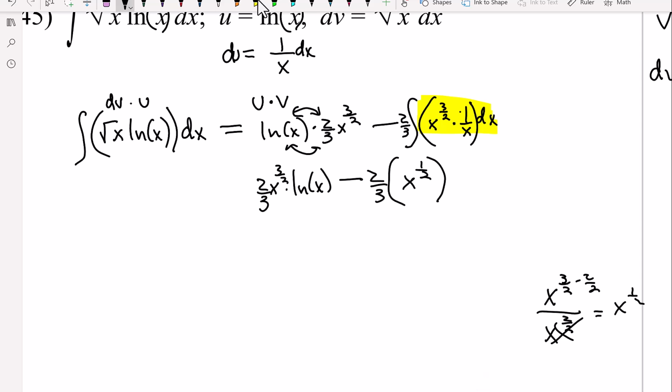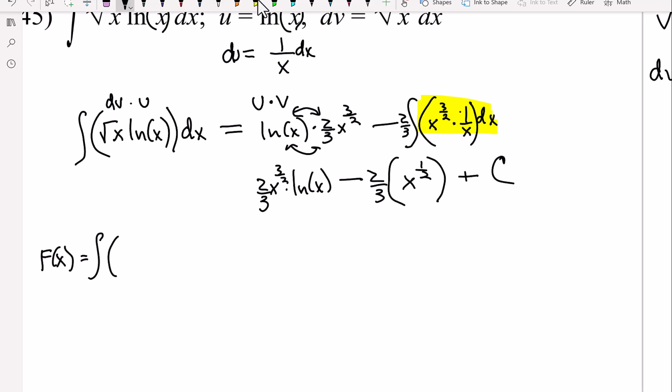And now I can write plus c, and now we can simplify all of that. So, square root of x, and I'll put things back in the square root form. That's best practice.